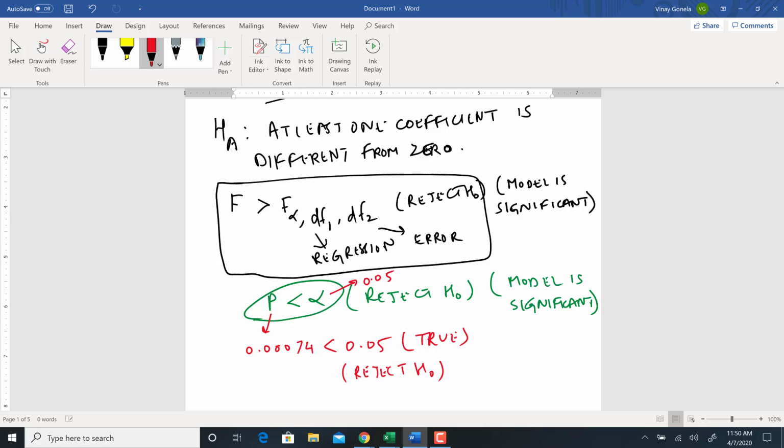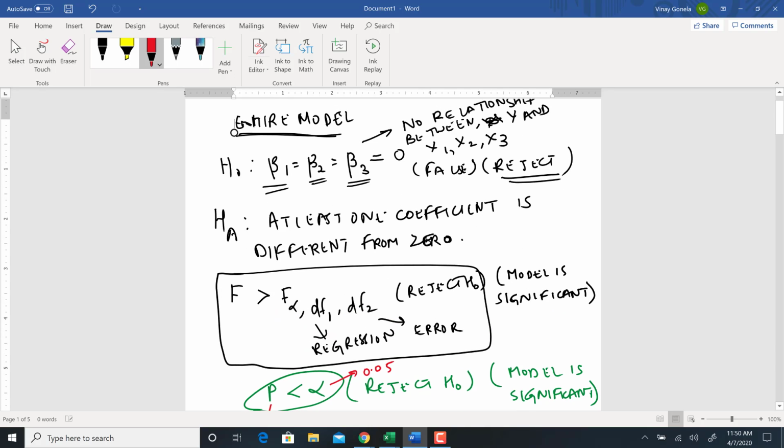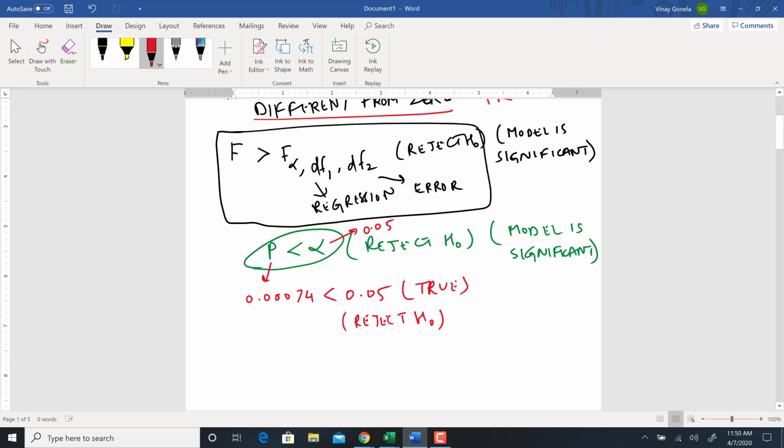So you are saying that all the coefficients being 0 is a false statement. So at least one coefficient is different from 0. This is a true statement. If this statement is true, that means this model is significant. When I say the model is significant, I can use this model.